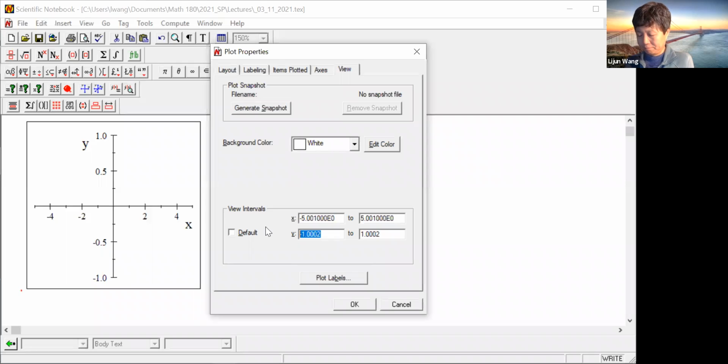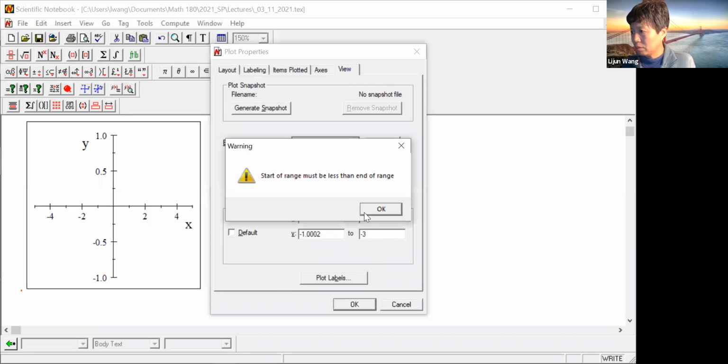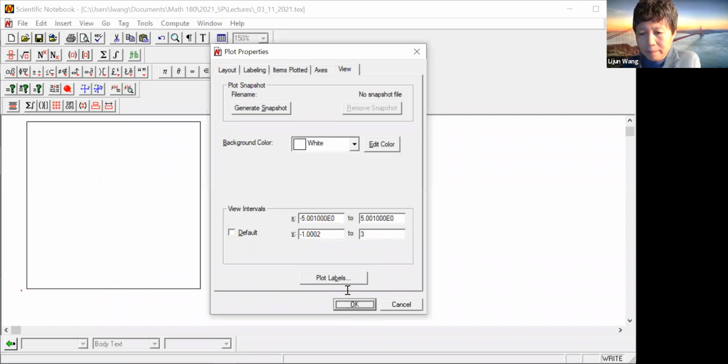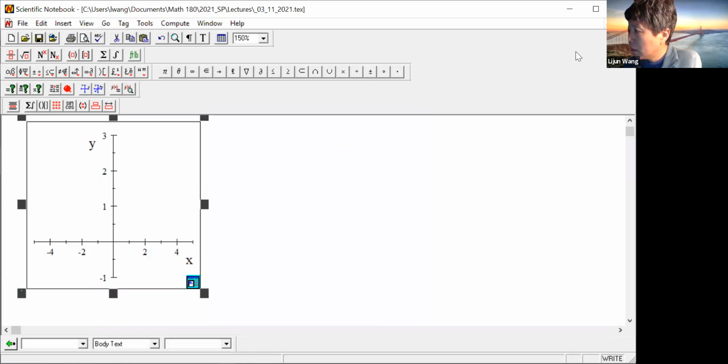Anybody? Anybody want to say something? Would it be like f of x is equal to x? Well, what did you say? Would the graph be like the function f of x is equal to x, where the inputs are the outputs?